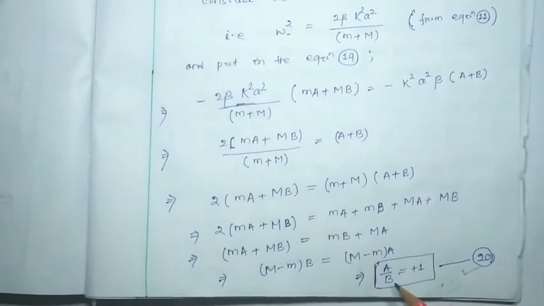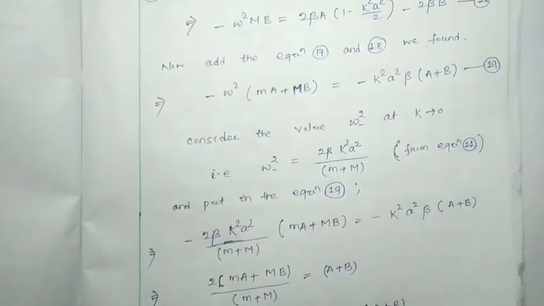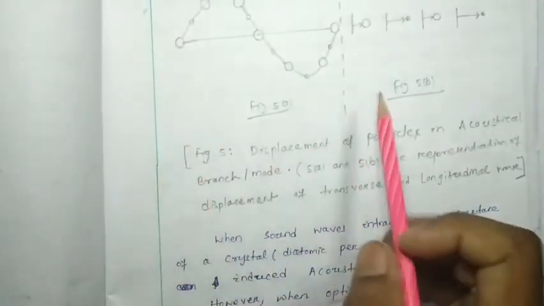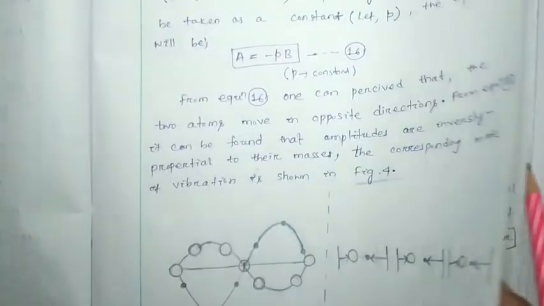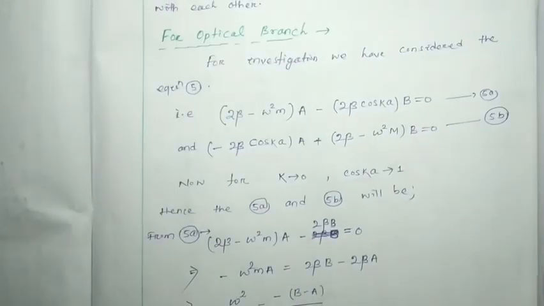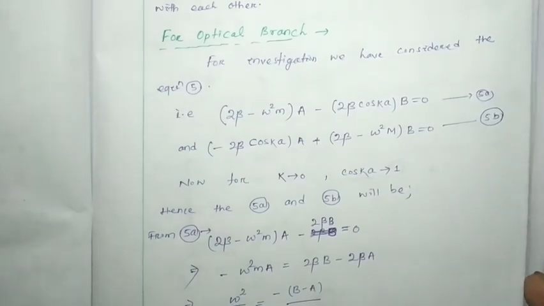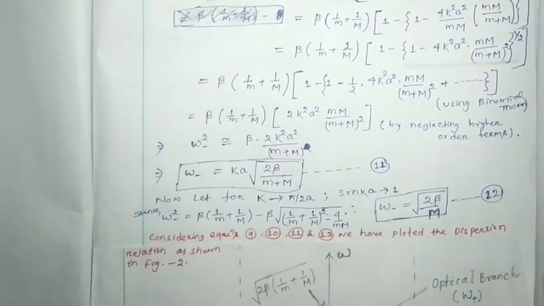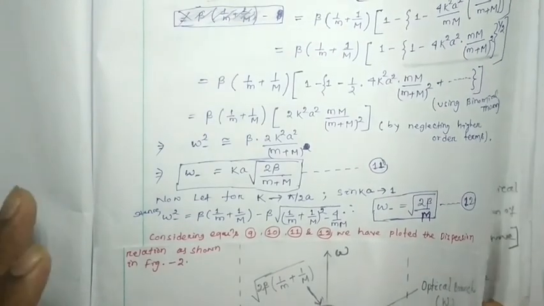Okay, here positive. So even if both masses are equal, they are going to move along the same direction. So this is all about our discussion regarding diatomic linear vibration, one dimensional linear vibration of a diatomic system.